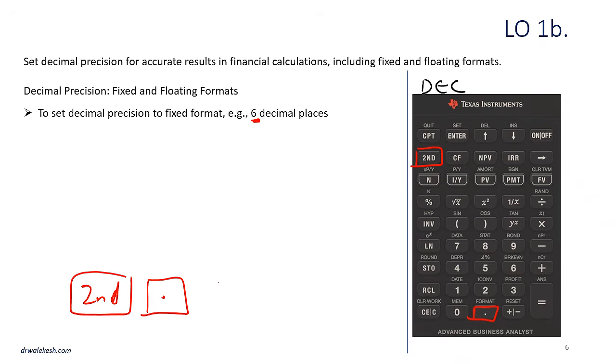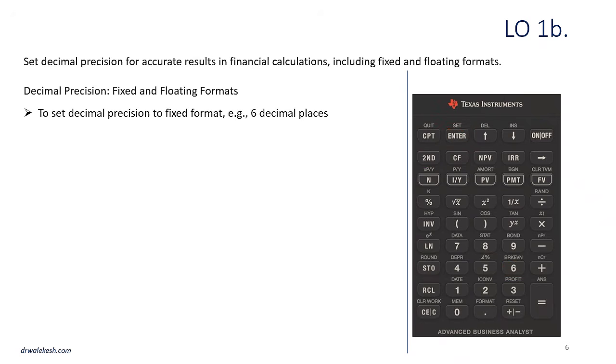So you have to press 6, then enter. This is enter here. Once you are done with this, you would see on the face of your financial calculator something of this nature. 6 decimal places. So I want to believe we're fine with this.